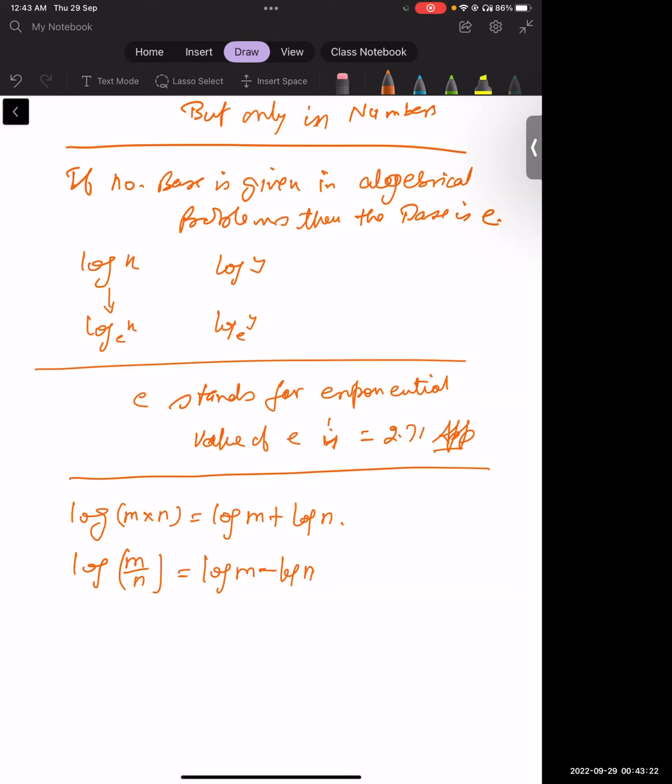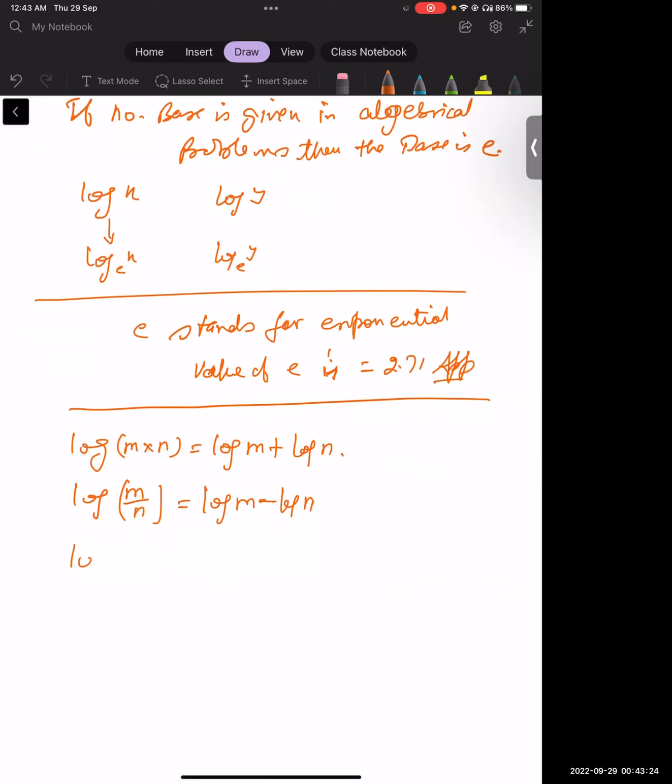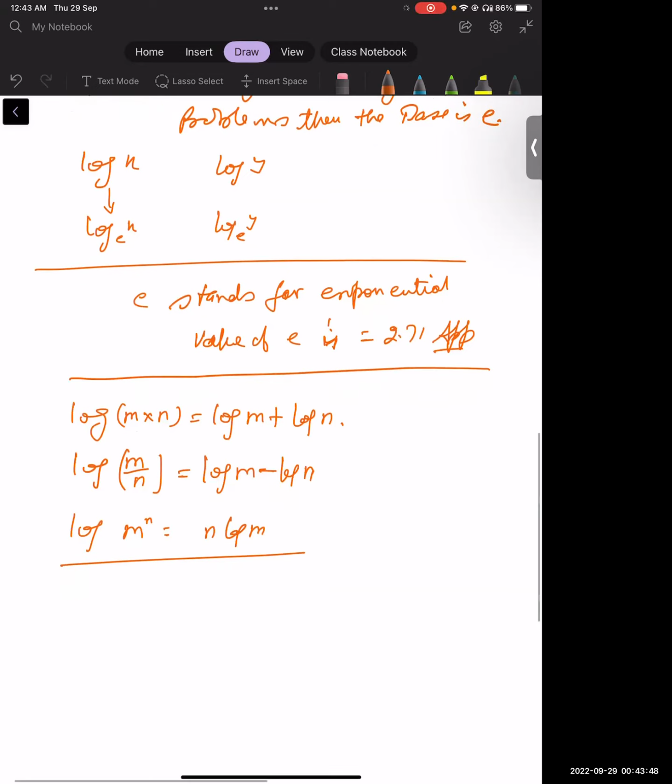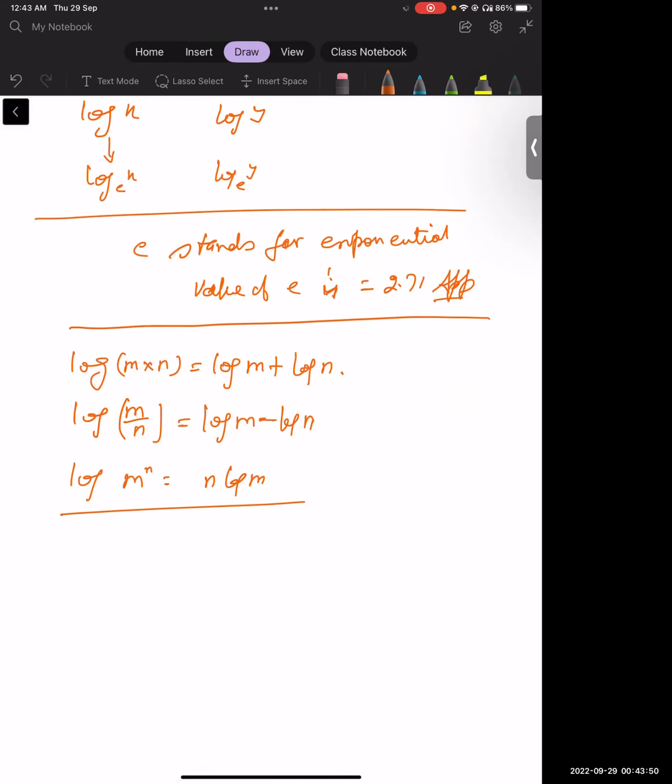And the third property, log m to the power n is n log m. These are the 3 properties which are given to you in school. Beyond that, is any other property taught to you? No. Okay, fine. Now I'm going to tell you a few more properties of the logarithm which we'll be using.